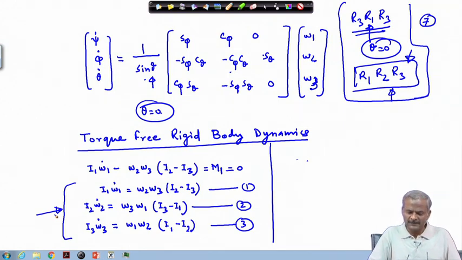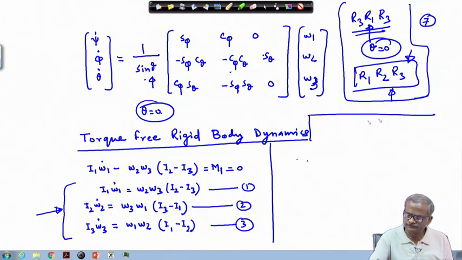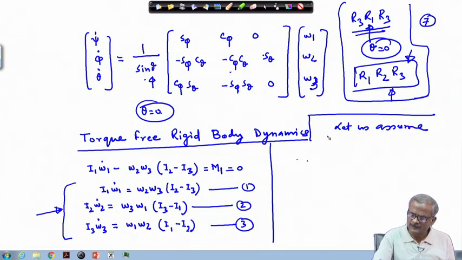So, this particular one discusses the ideal case, which happens in the case of some satellites, where there is no external torque acting on the system. So, what we assume, let us assume that an axis of symmetry is present.